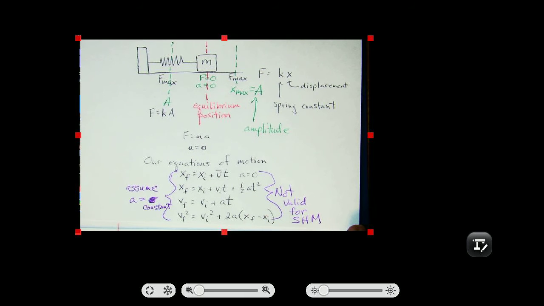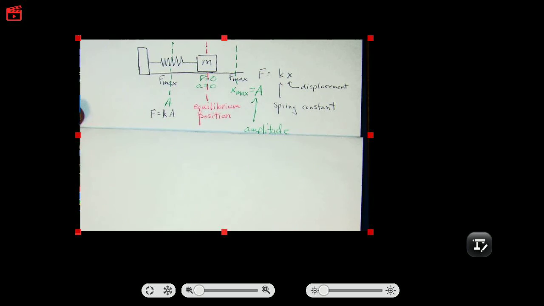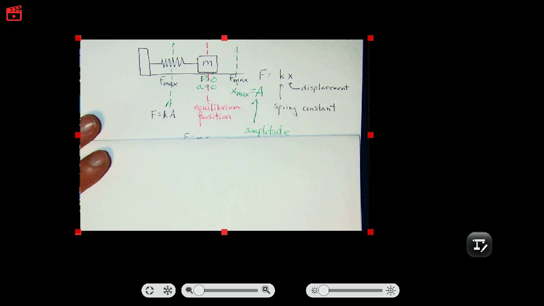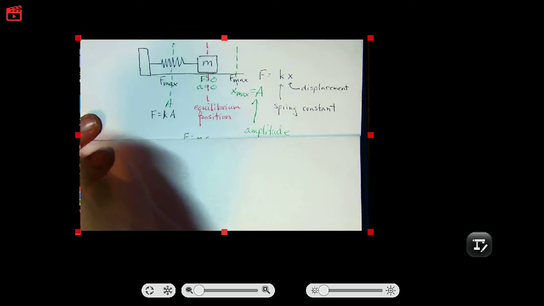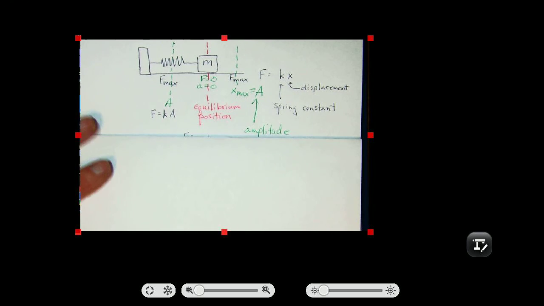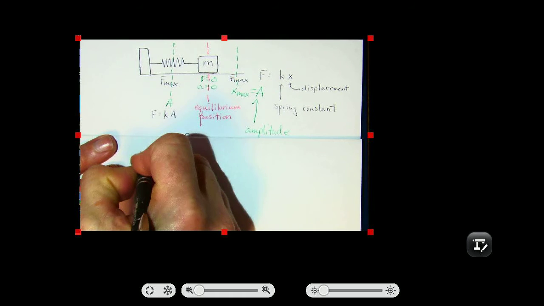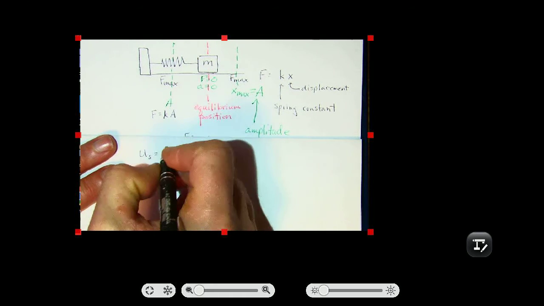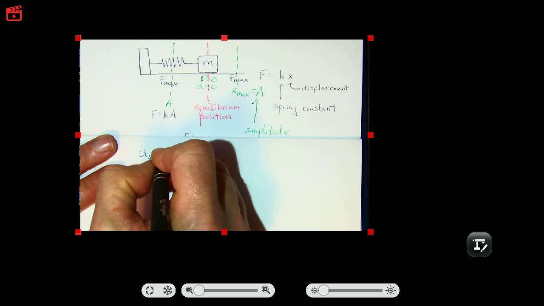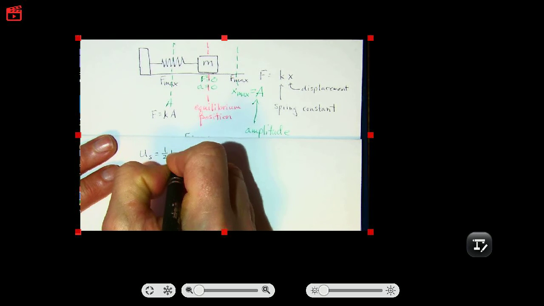So we're going to have to look at some other things here. Let's talk about a couple of things. One of them we've already mentioned. We already mentioned before that for the energy, our potential energy for a spring is equal to 1/2 kx squared.